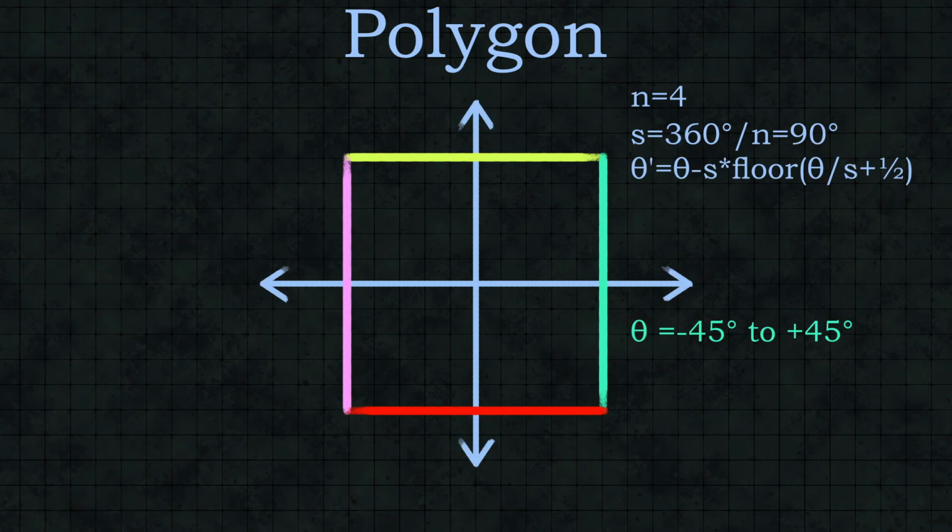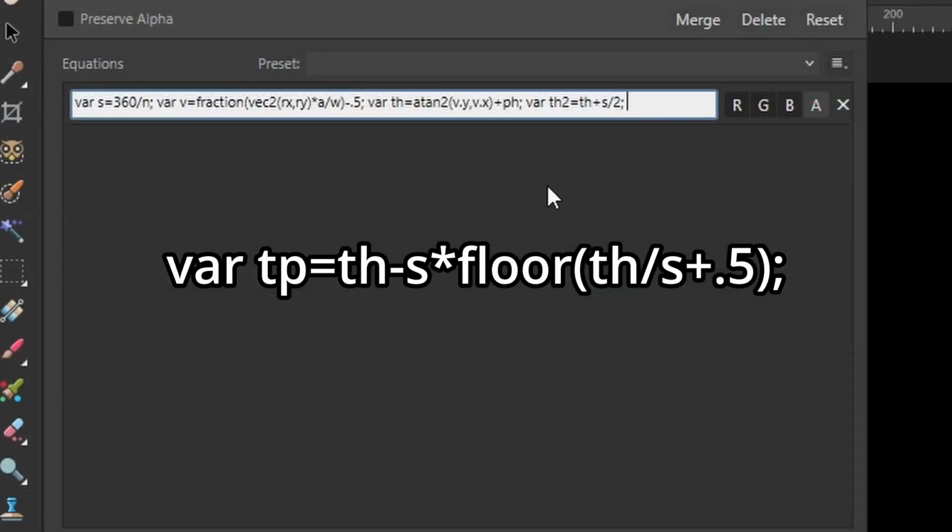Now I'm going to create two theta prime values, one for the theta variable and one for the theta2 variable. I'll call it TP for the theta variable, and that's just equal to theta minus s times the floor of theta over s plus 0.5.